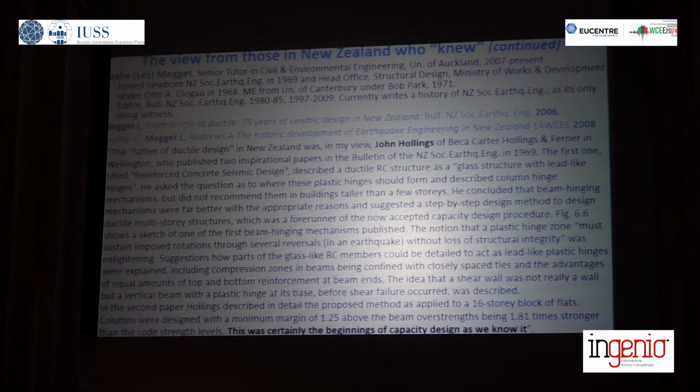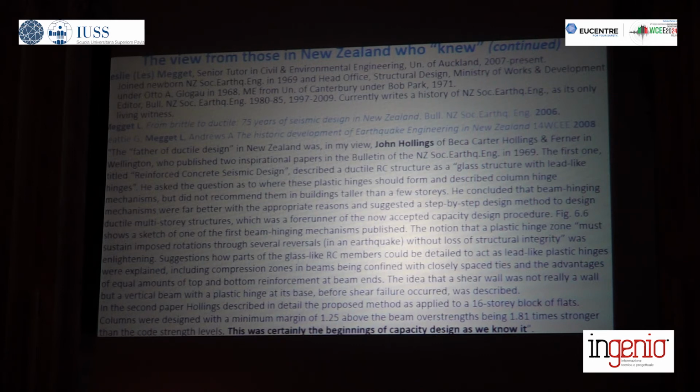More details were given later by two other people who were around those days in New Zealand. One of them is Les Megget, who is still, as far as I know, around. He's teaching at the University of Auckland.